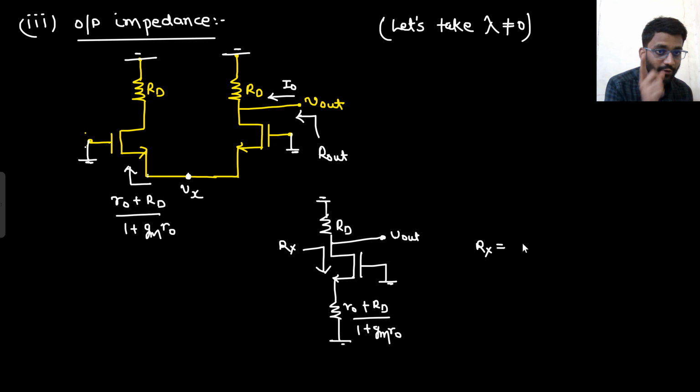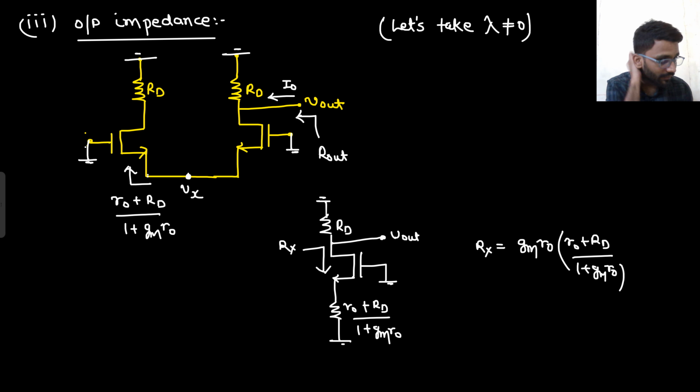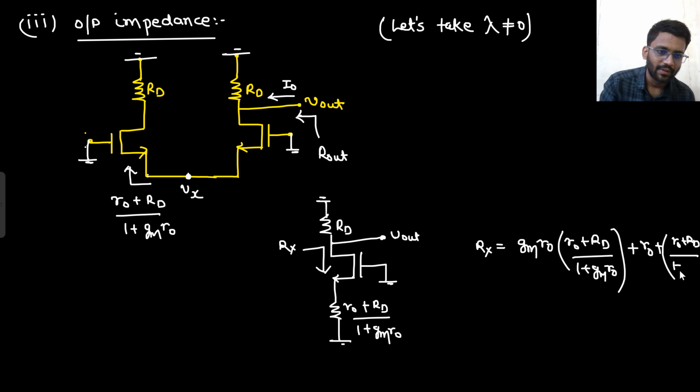Rx will be, you are going from drain to source. So what is the resistance? GM R0 into this resistance, that would be (R0 + RD)/(1 + GM R0), plus this resistance R0, plus the other resistance (R0 + RD)/(1 + GM R0), right?